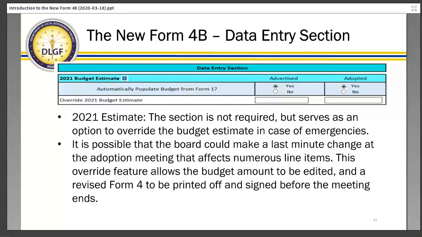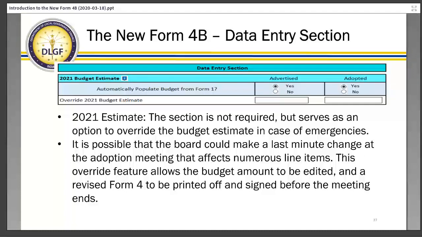The last one is an override section, kind of an emergency override section. We know that during the budgeting process, sometimes we are required to take action quickly. In a case where a unit needs to override the amount of detail information on their Form 1, we're going to build directly into our new module the ability to override that amount in order to make sure that the outputs from the 4B, either the Form 3 or the Form 4, have updated budgeting information.